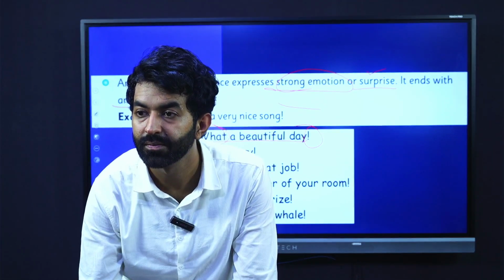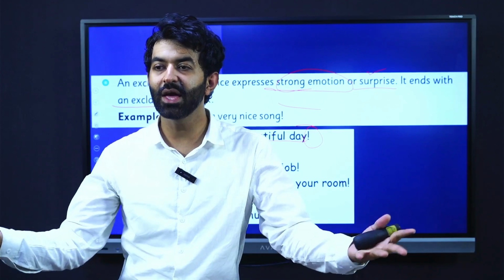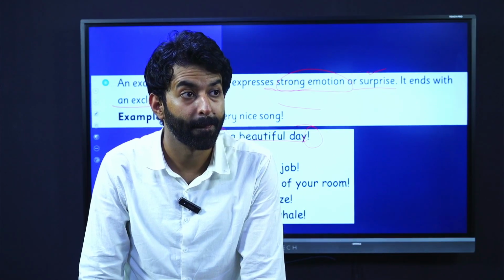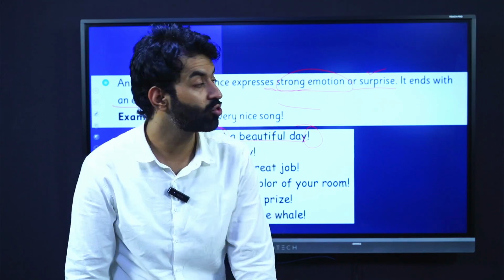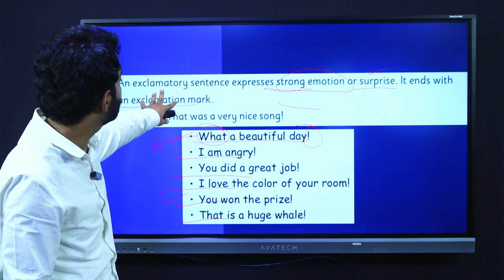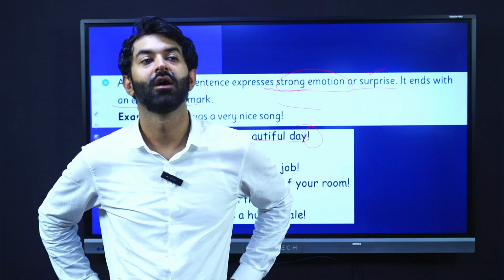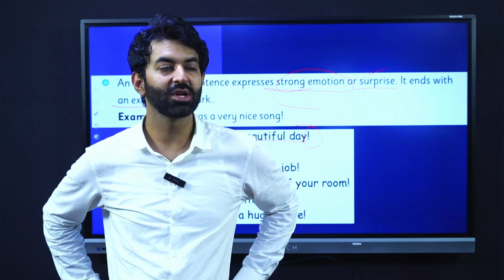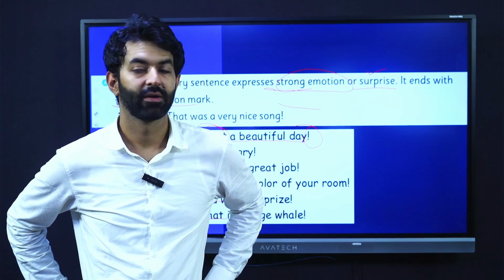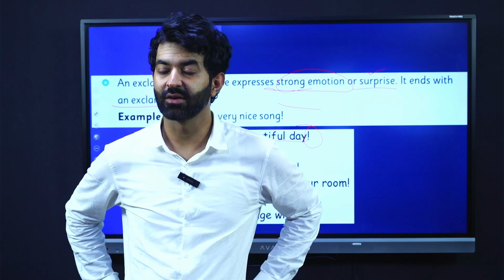For example, give me an example. No, interrogative sentences. Sorry, exclamatory sentences. शाबाश, जल्दी से एग्जाम्पल बताएं. Wow, that's great.